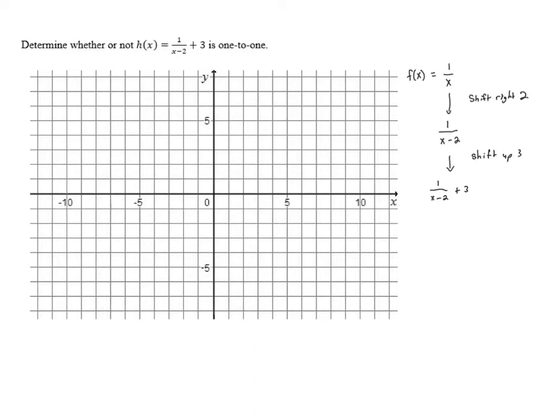So really, we need to look at the original function, f of x equals 1 over x, and then shift it. We have graphed the function f of x equals 1 over x before. If you remember, it was asymptotically approaching the x and y axes on 2 different quadrants of the plane.